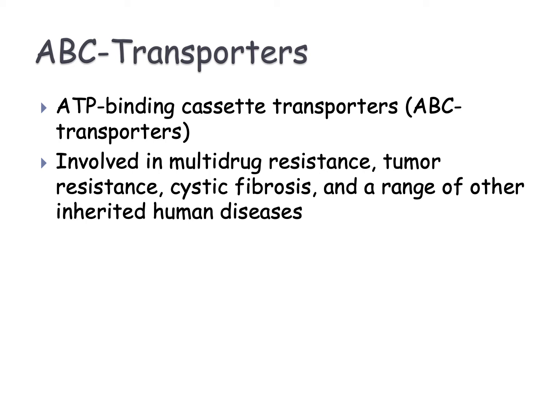And so there are these transporters, again, that are involved in transporting the drug across the cell membrane, and these are called ABC transporters. They bind ATP, so ATP binding cassette transporters. And again, these are involved in multi-drug resistance in a lot of different cells.